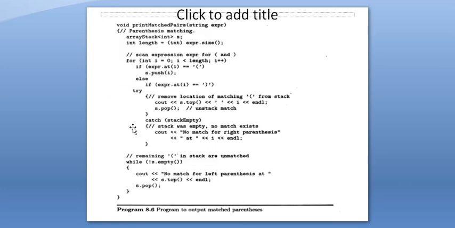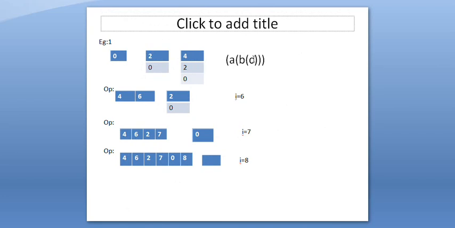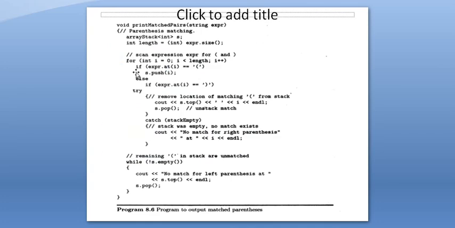Next i becomes 5. When i is equal to 5, the expression at of 5 has the value c, which is neither a left parenthesis nor a right parenthesis, so it is skipped. Then you have i equal to 6. Here the left parenthesis check is false, so else we check if expression dot at of i is a right parenthesis.